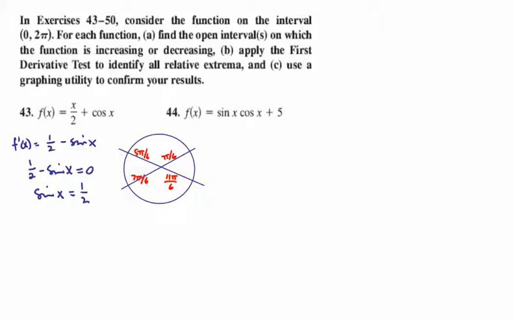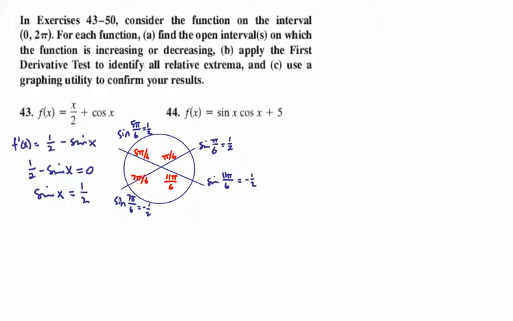sine is going to be positive 1/2. When x is 7 pi over 6, sine will be negative 1/2, and when x is 11 pi over 6, sine will be negative 1/2 also.